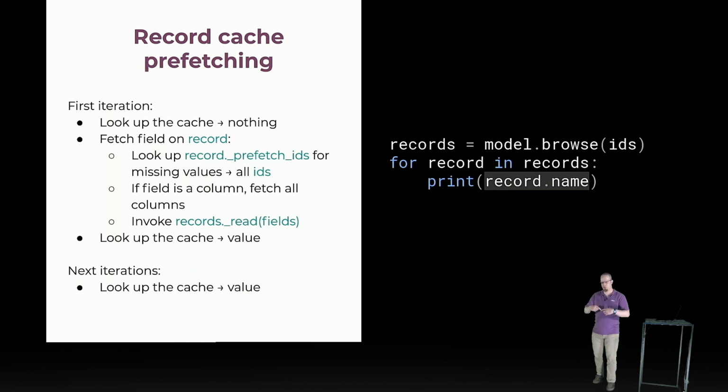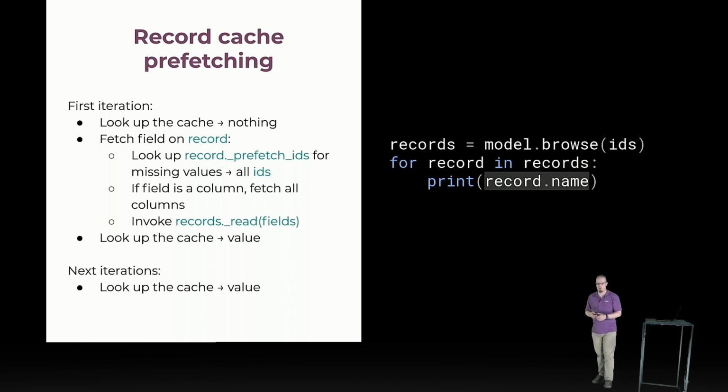You'd like, in fact, to fetch on all the records in the set you're looping on. And there's a special attribute on the records, called the prefetch IDs. It's just an implementation detail, of course, but the important thing is that these prefetch IDs tell you other record IDs that are worth considering in the same set.